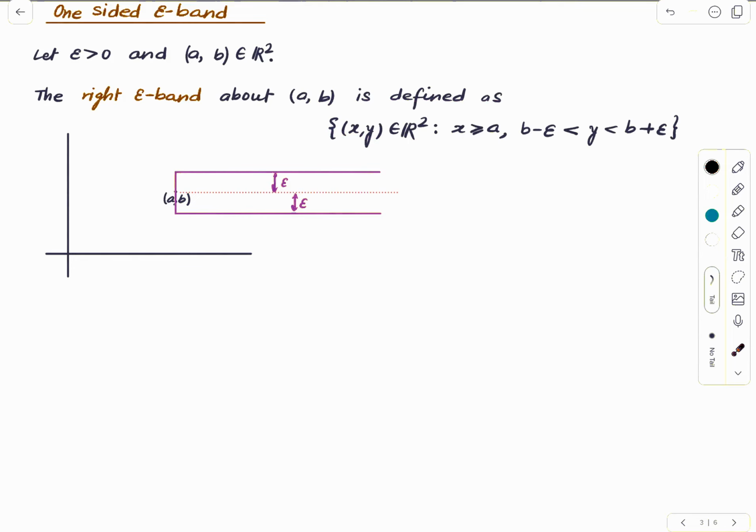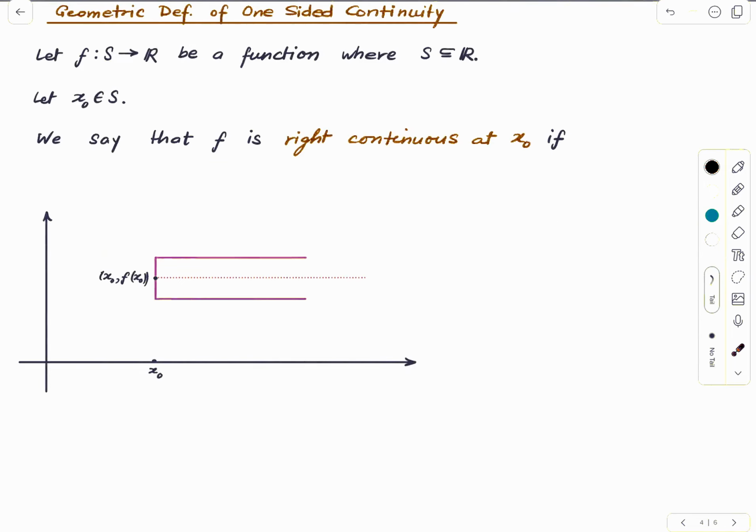And now for the definition of one-sided continuity, fix a function defined on a set S of real numbers and fix a point in the domain of the function. We say that f is right continuous at the point x0 if, again, let me say the definition in words first.